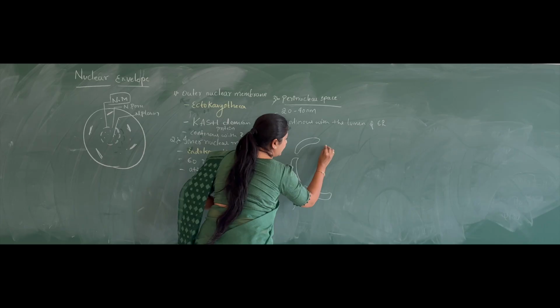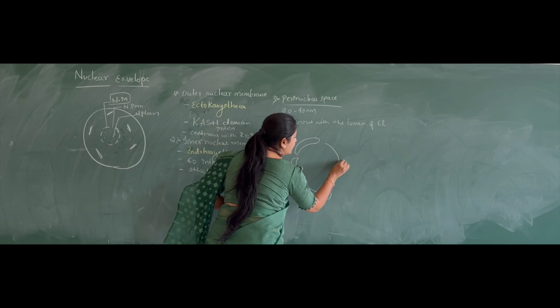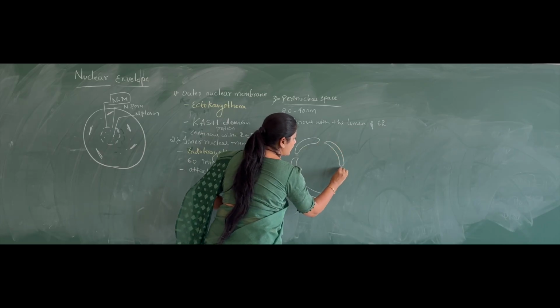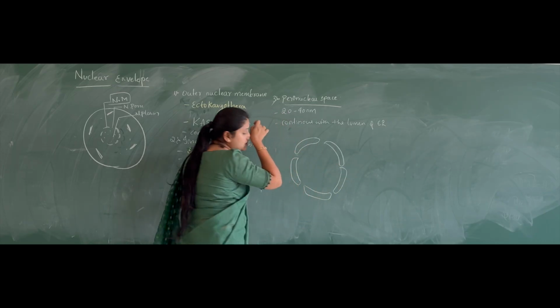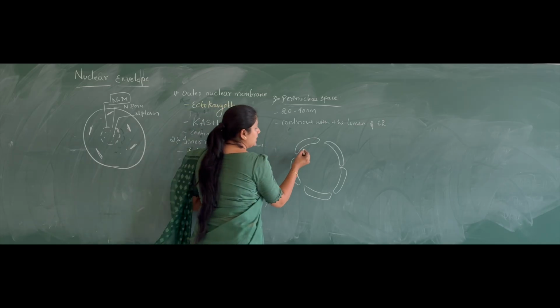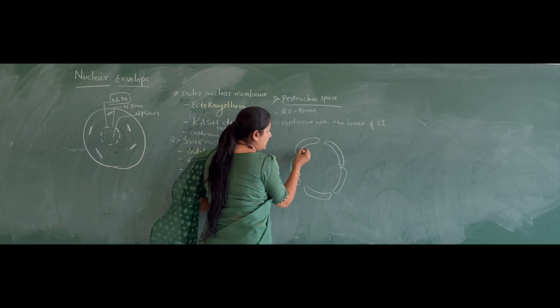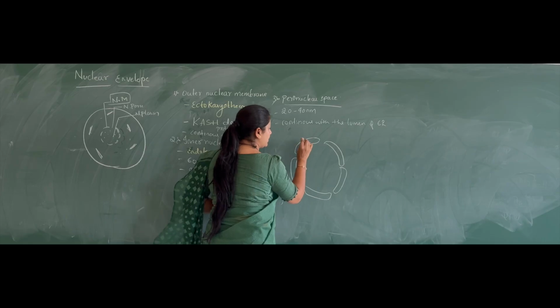The space in the middle is showing the nuclear pores. Here this is the inner nuclear membrane, and this is the outer nuclear membrane.